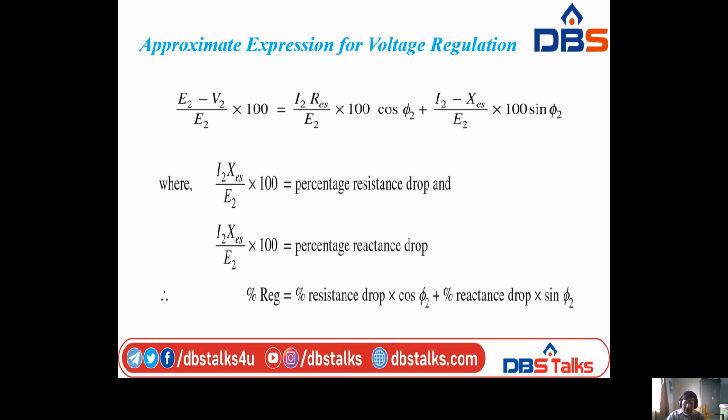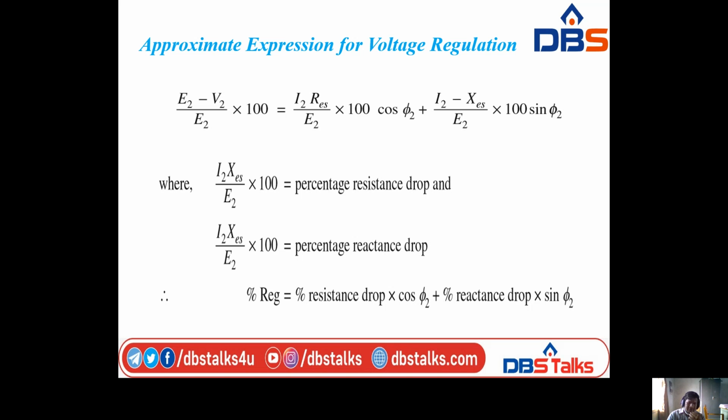Before, we gave the voltage regulation equation E2 minus V2 equal to I2 R equivalent cos phi 2 plus I2 X equivalent sin phi 2. That is enough from the B.Tech point of view. But from the competitive examination point of view, sometimes they give the percentage resistance drop and percentage reactance drop. At that time, you just put those values in this equation and easily get the voltage regulation.